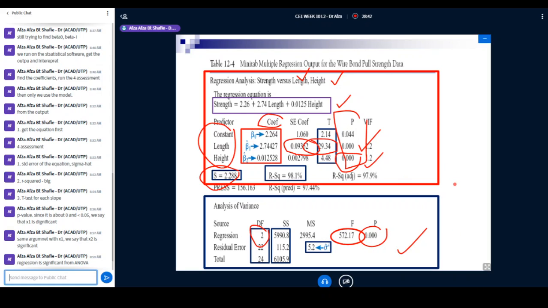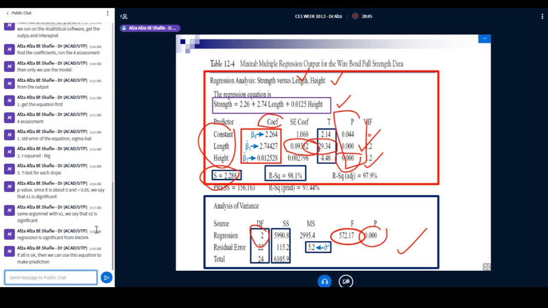This is what we basically have. It's kind of like the simple case, except that now you have a few more variables. The ANOVA still remains the same. It's still the regression and the error. It does not increase even when you have more variables. The only thing is just this part, which will change a little bit.